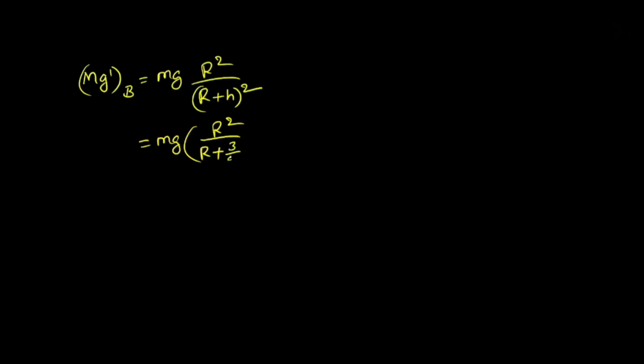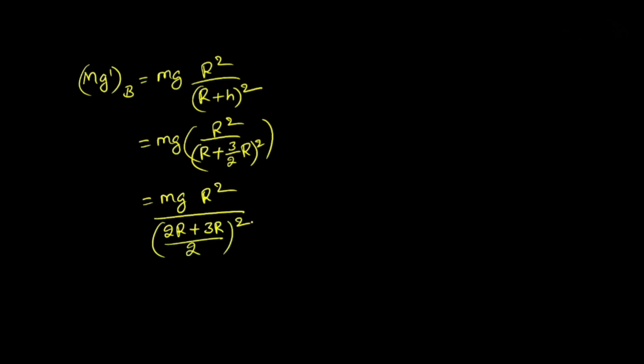It is mg into R square divided by 2R plus 3R by 2 whole square. Now you simplify it.